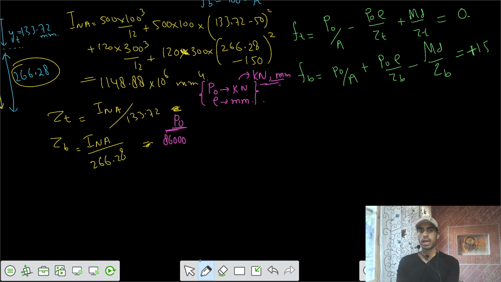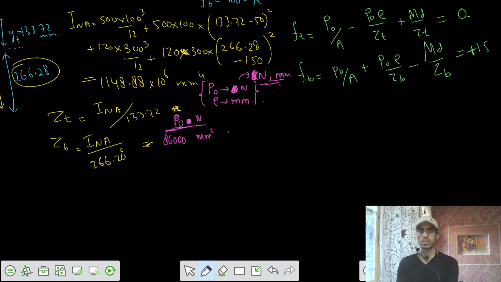P naught by 8600, or either we can take this one as newtons. Let's take this as newtons. So this is some P naught newtons. Let's write that this is newtons per millimeter square.